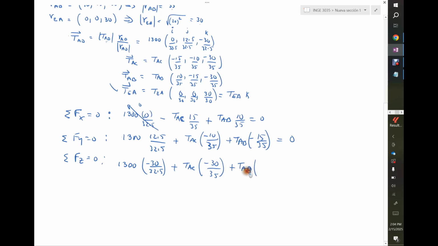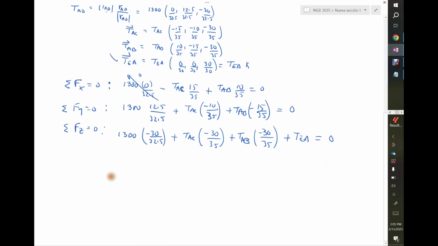Oops, make sure that you write the letters right. Let me rewrite this because it doesn't look good. TAB, there we go, and that's going to be minus 30 over 35 as well, and we are at the last one now, plus TEA, and that equals 0.